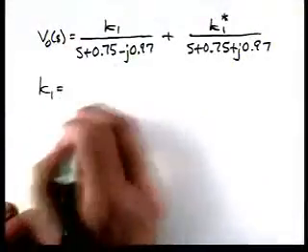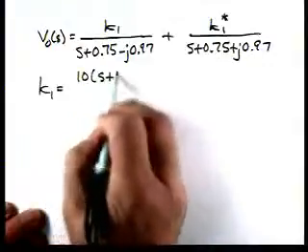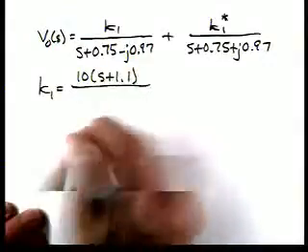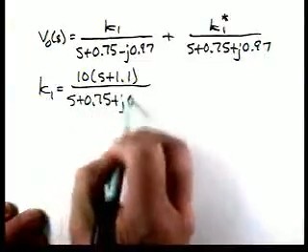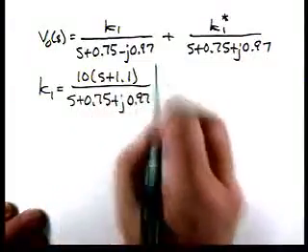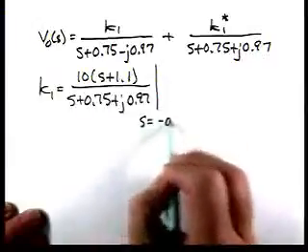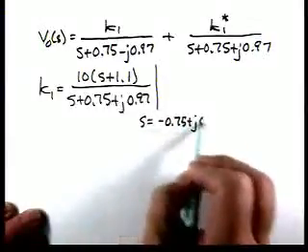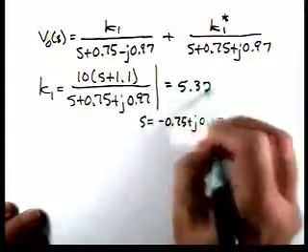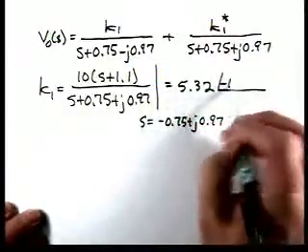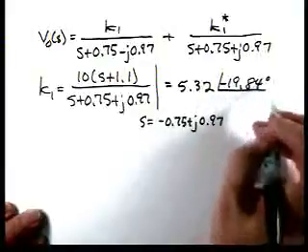We do that, we'll have 10 times (s plus 1.1) over (s plus 0.75 plus j0.97), and we evaluate at s equal to minus 0.75 plus j0.97, which is 5.32 at an angle of minus 19.84 degrees.